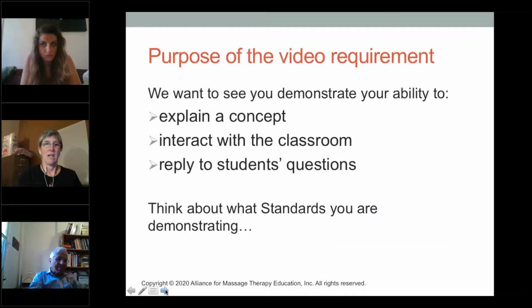So, the whole purpose of it is so that we can see you explain a concept, interact with your classroom. So it's helpful if there's more than one person in your audience, and reply to students' questions.